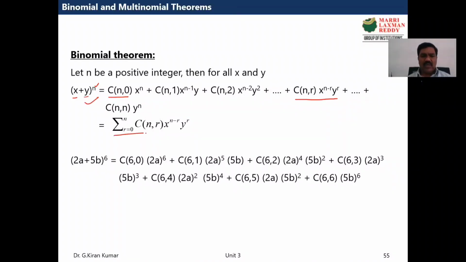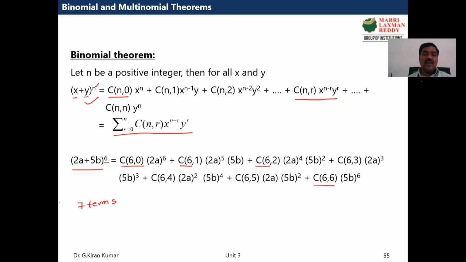Hope you know this. You would have studied this maybe in school days, maybe at the +2 level, so I'm not explaining much about it. Just for example, if I want to expand, let's say, (2a plus 5b) whole power 6, how many terms will there be? Since it is whole power 6, there will be 7 terms. The coefficients start with C of 6,0, then C of 6,1, C of 6,2, and so on, up to C of 6,6.